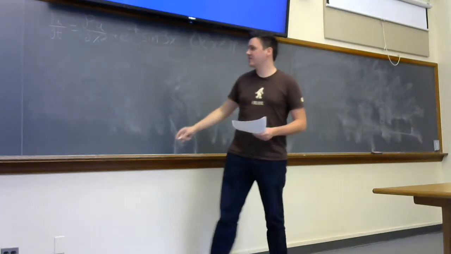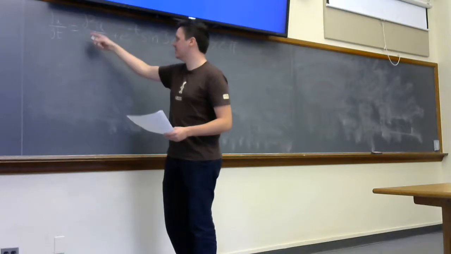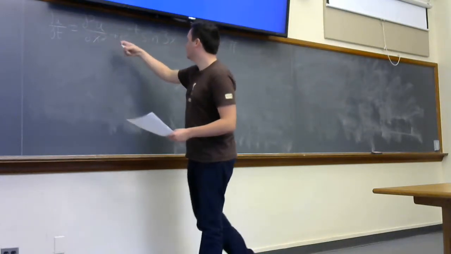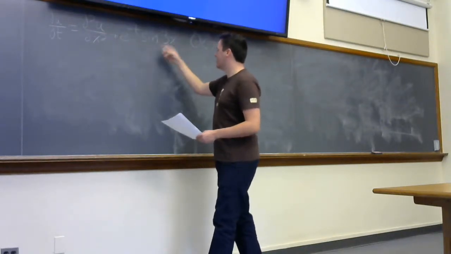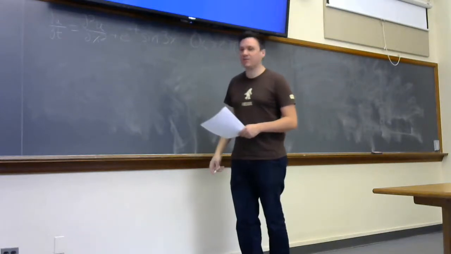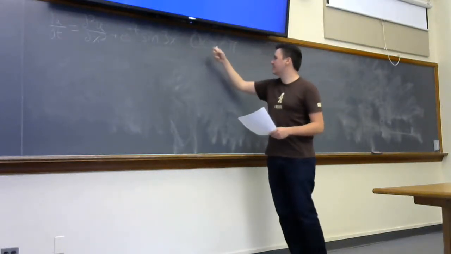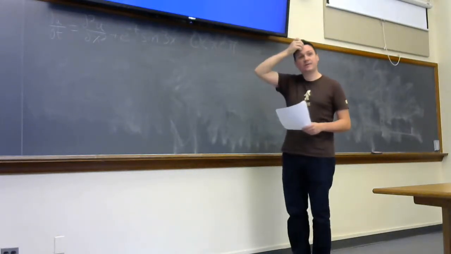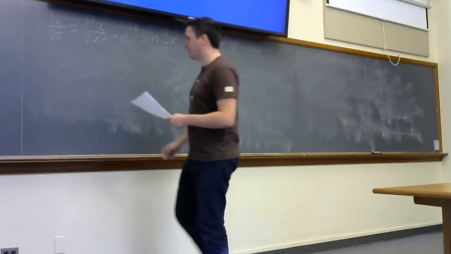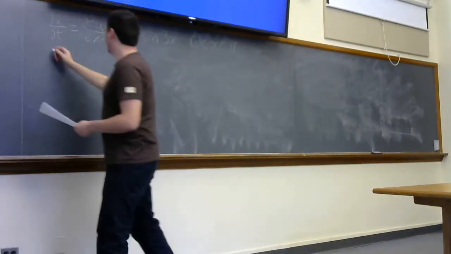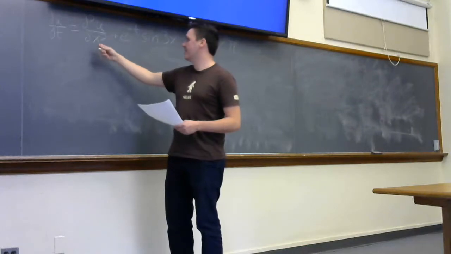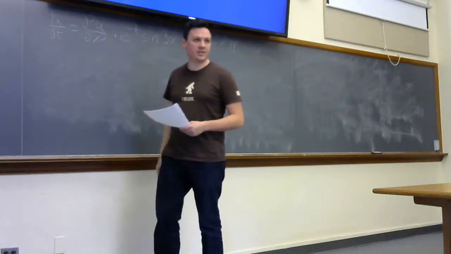Okay. So this is just du/dt = d²u/dx² + e^(-t) 3 sin x. This is our governing equation. And our bounds on x are 0 to pi. We're going to need 1 initial condition and then 2 boundary conditions to solve this.